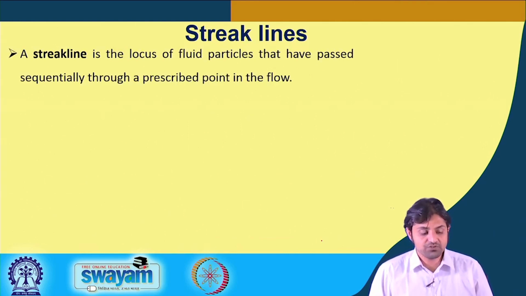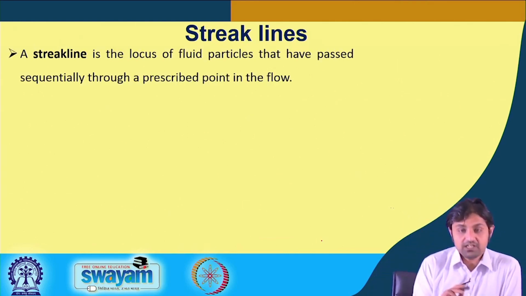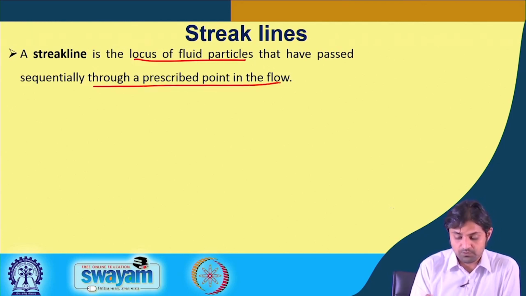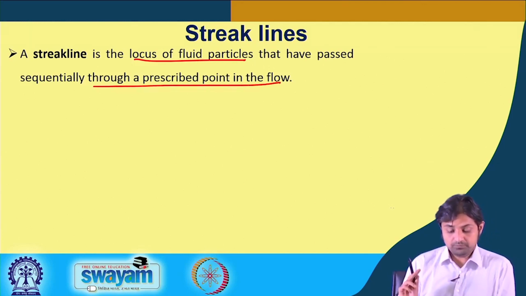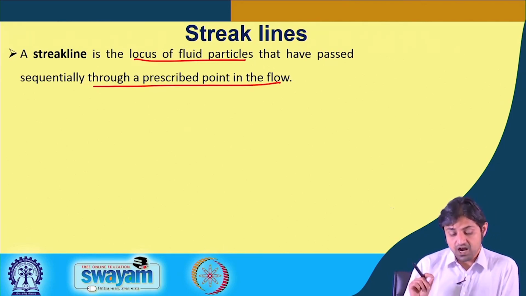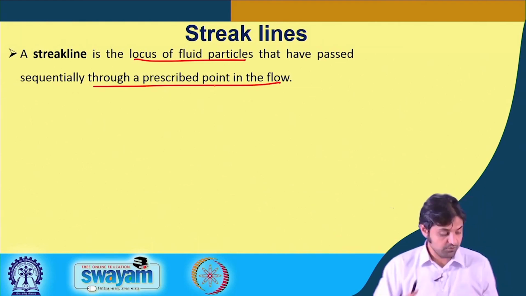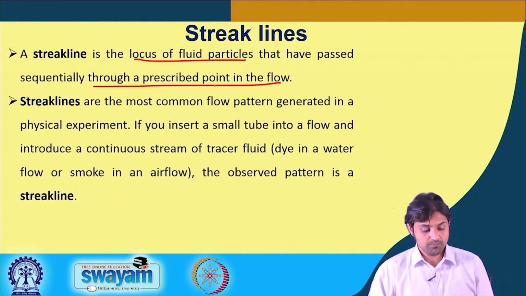So, what are streak lines? A streak line is the locus of the fluid particles that have passed sequentially through a prescribed point in the flow. So, if we start tracing the fluid particles that have passed sequentially through a prescribed point in the flow, we will explain it a little more.